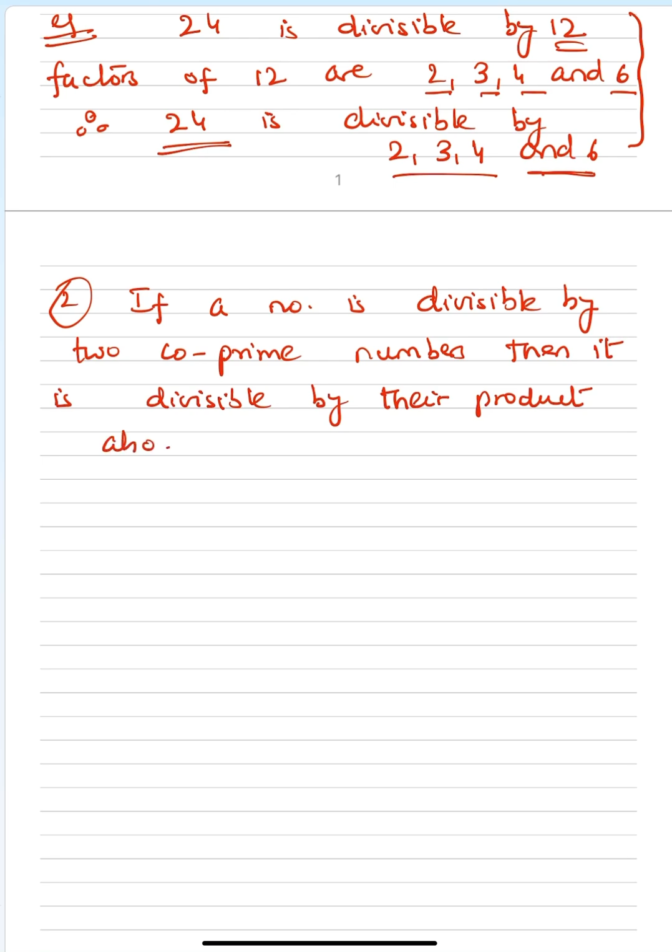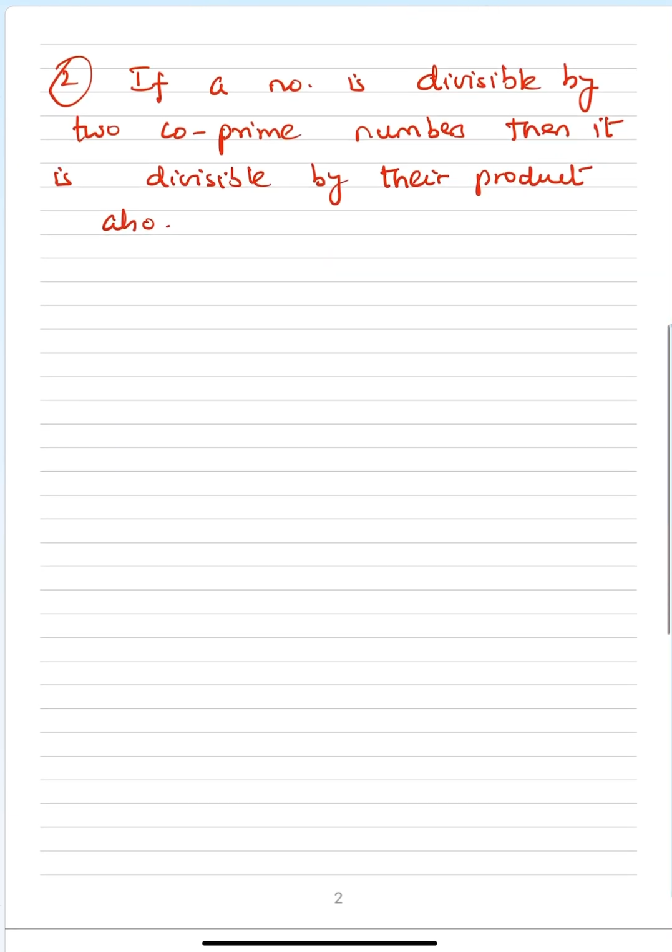This is very easy. For example, 2 and 5 are factors of 70. 2 and 5 are co-primes.